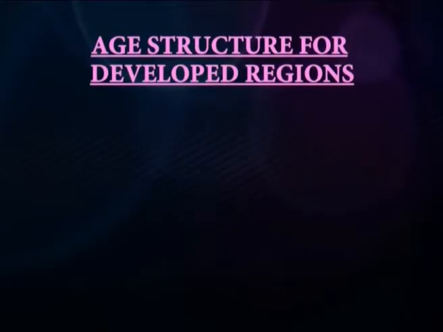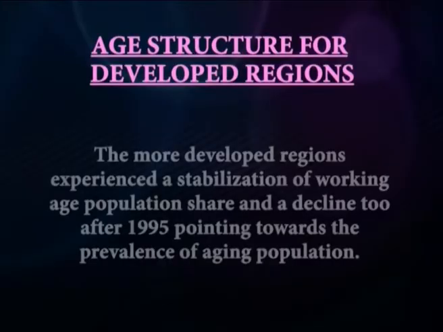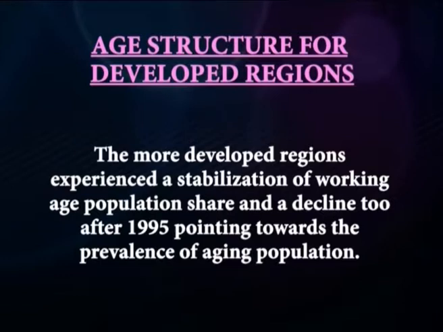Age structure for developed regions. The more developed regions experienced a stabilization of working age population share and a decline too after 1995, pointing towards the prevalence of aging population. Old age dependency ratio has been rising and is expected to continue to do so for the coming years.